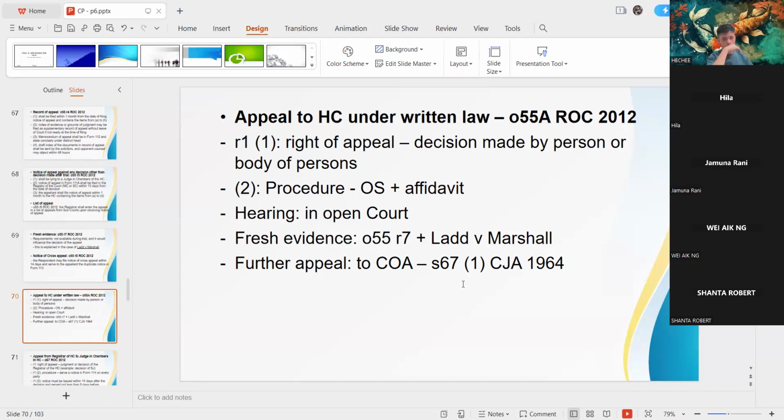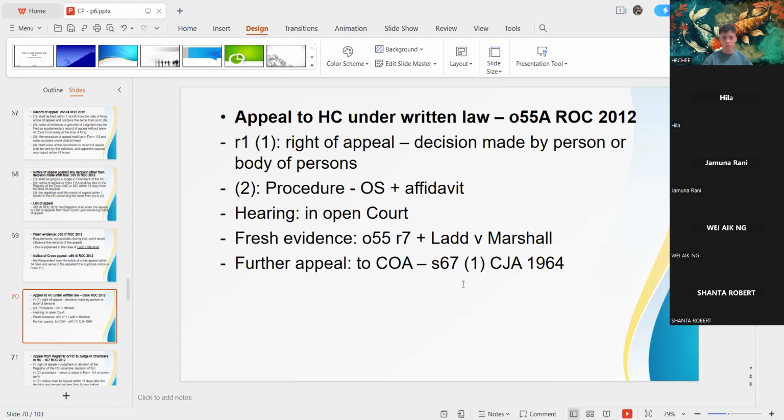Actually, this is something that you are dealing with the tribunal or other statutory body. Like, have you ever heard of the Housing Tribunal, Consumer Tribunal, or something like that? So Order 55 Rule 8 is dealing with this kind of matter.